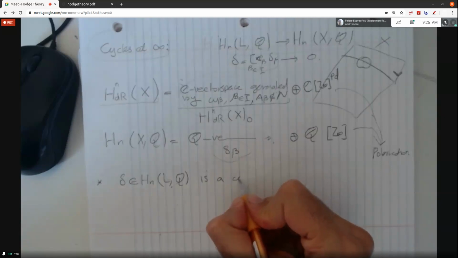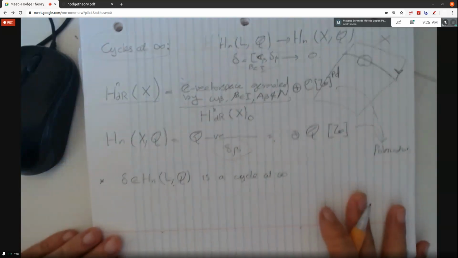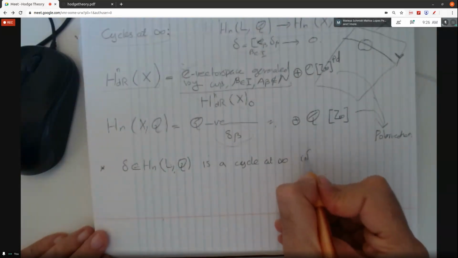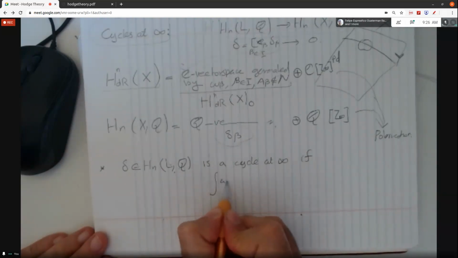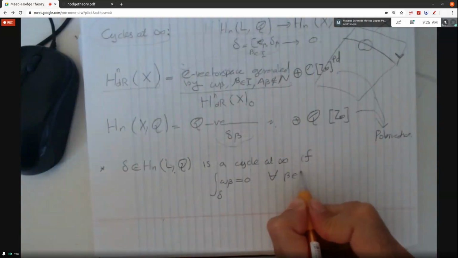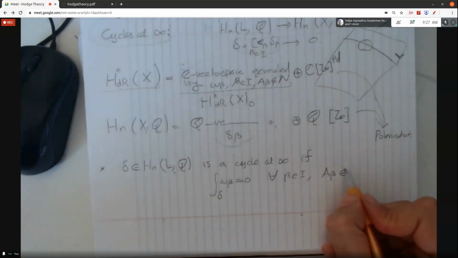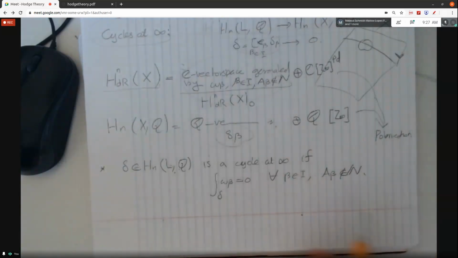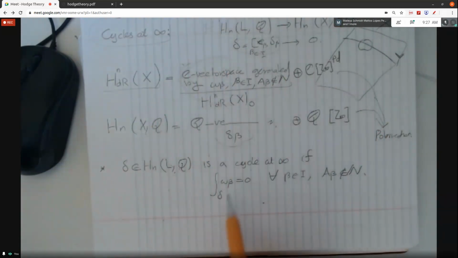It's a cycle at infinity if, for all beta in I, beta not integer, the integration of all these guys over the cycle is zero.